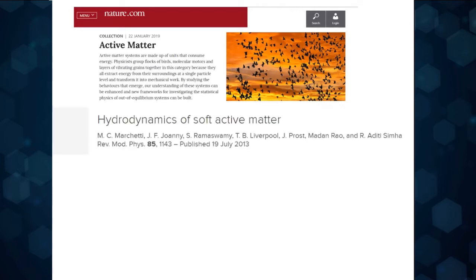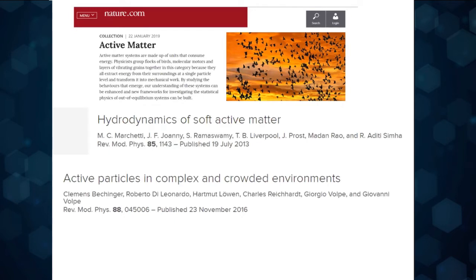There are also some wonderful review articles, which I strongly recommend especially for students, addressing the aspect of hydrodynamics of soft active matter, which is actually a very interesting area by itself. And the other one is active particles in complex and crowded environments.